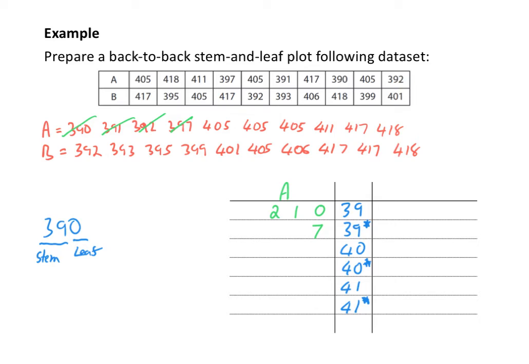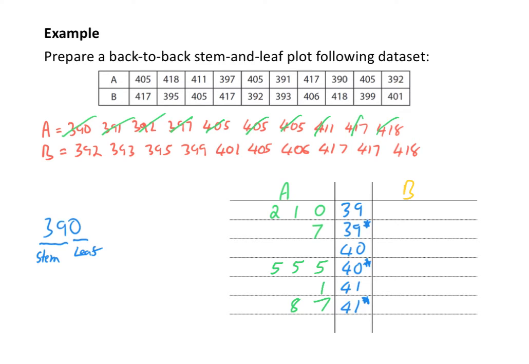Then I have no numbers between 400 and 404, so I leave my next line empty. And then I'm going to have 3 lots of 405, so placing my 5s in there. Then I'm going to have 411, and then 417 and 418. So I've now completed entering my data for dataset A.